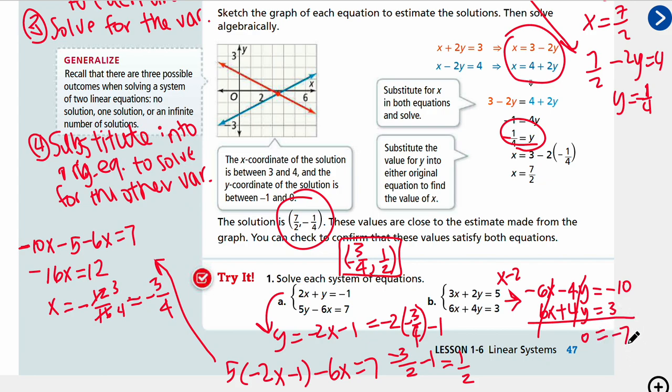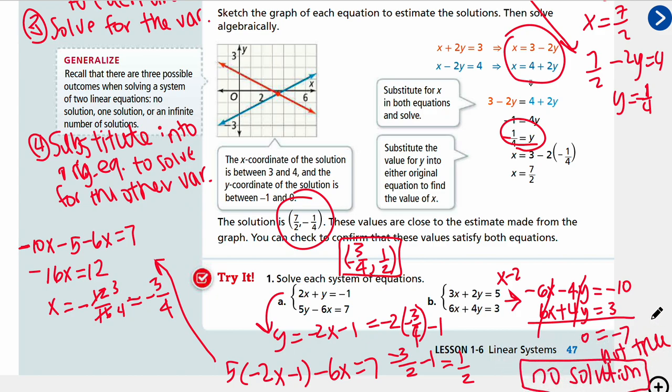Is 0 equal to negative 7? This is not true, right? So if something like this happens, it means that there are no x and y values that would be in both equations. So it is no solution. Okay, so you have the special solutions.